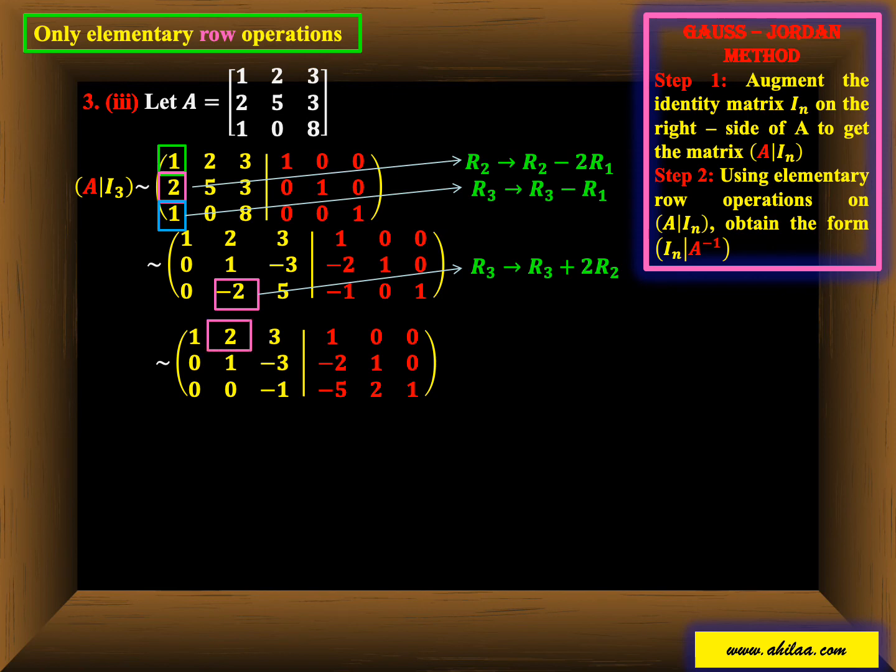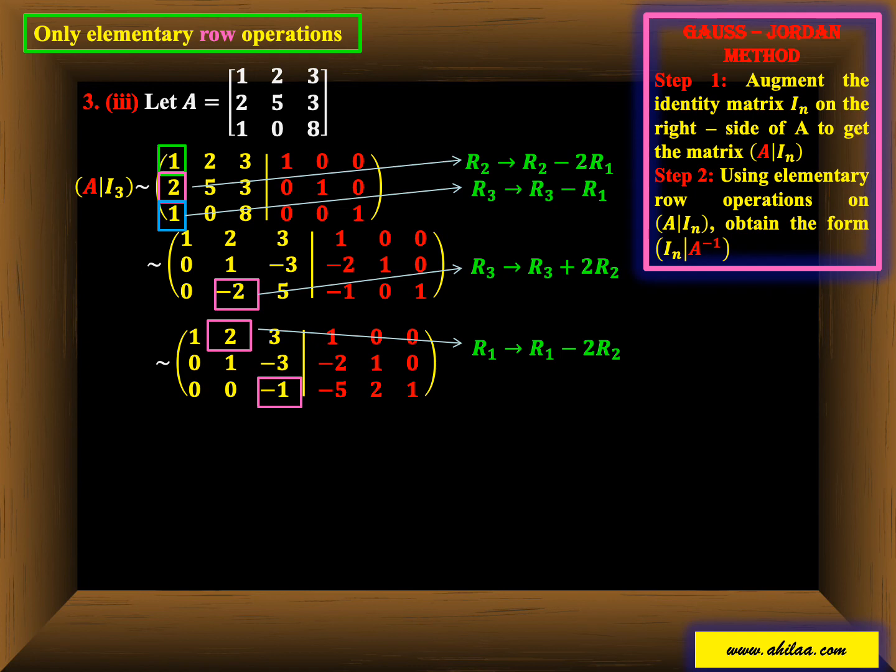Next I find A12 element, which I need to be 0. Here it is 2. So I make the operation R1 goes to R1 minus 2R2. Parallelly, I can convert this A33, which is minus 1 here. We need it as 1.